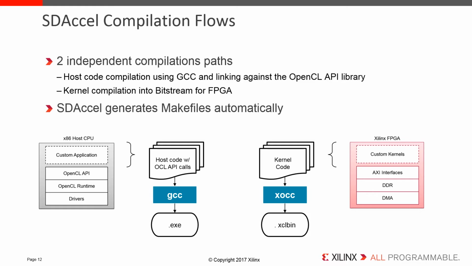This second path to compile the FPGA executable is performed using the SDAccel compiler XOCC, as talked about in the previous module, on packaging and integration. As with other Eclipse-based IDEs, SDAccel makes use of makefiles under the hood to automatically handle the dependencies.